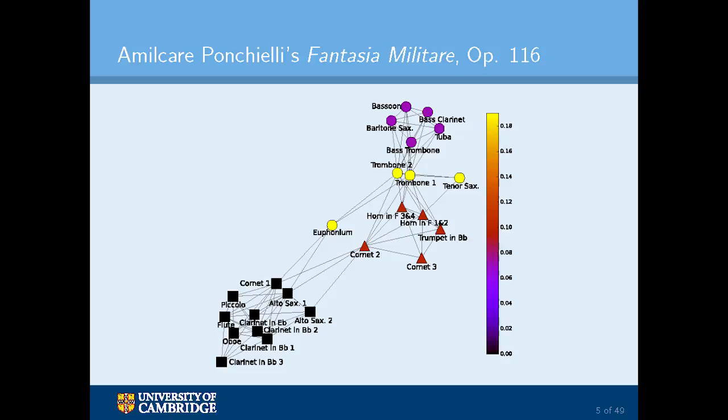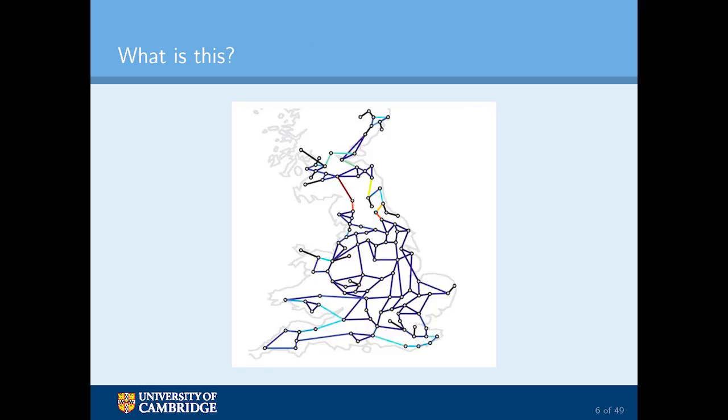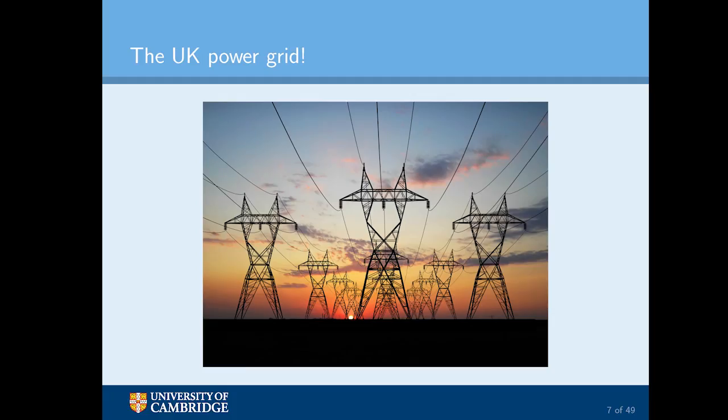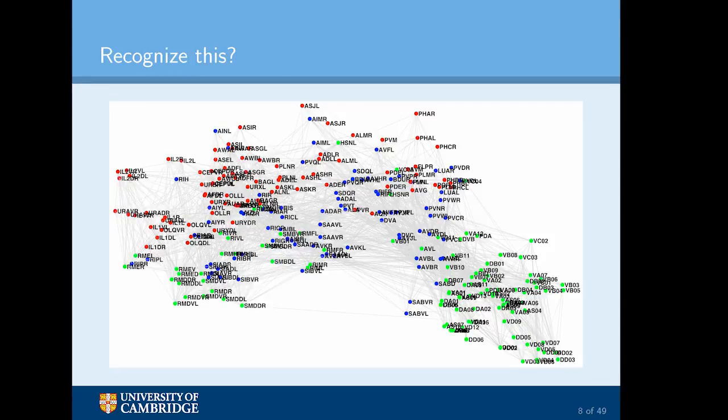So does anyone recognize this? What do you think this is? It's the UK, but what is the network? Highways? Not highways. Trains. Electricity. Yep. It's the power grid. Uh-oh. What about this one? Some of you might recognize this one, if you could read the names.